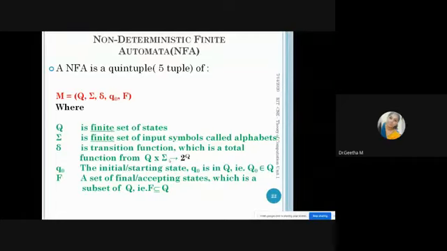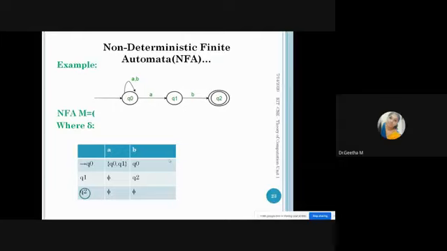So this is the definition of NFA. So see the example. Actually, this is an NFA diagram, because at Q0, for input symbol A, you can move from Q0 to Q0, or you can move from Q0 to Q1. That is why this diagram is an NFA diagram. The same can be represented by a transition table.